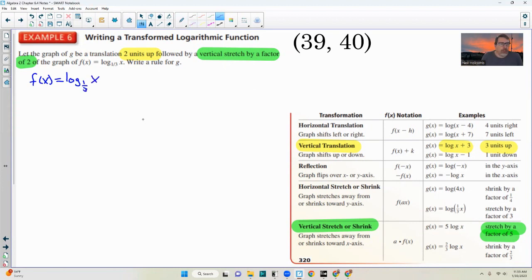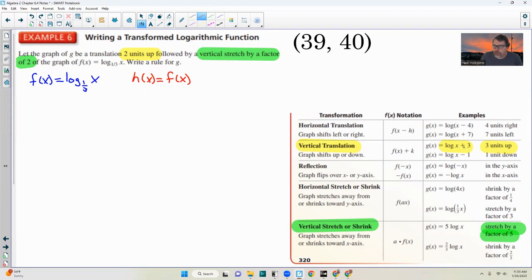Okay, so I want to be careful. There are 2 changes for g of x, so let's call the first change h of x. So h of x is going to equal the original function f of x, and we're going to do the vertical translation first.